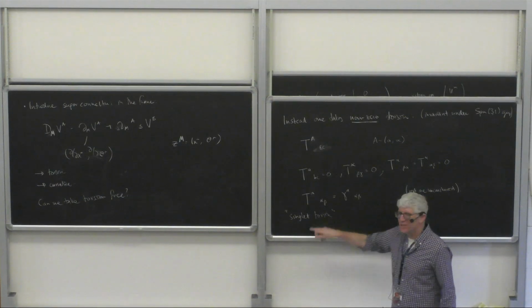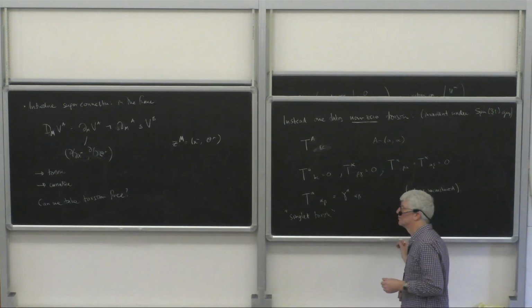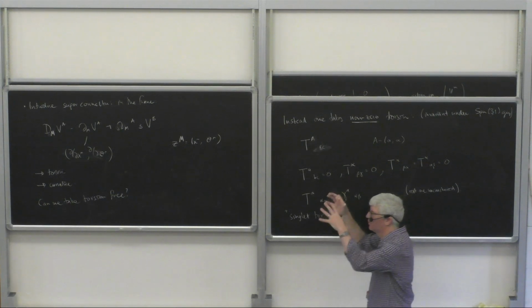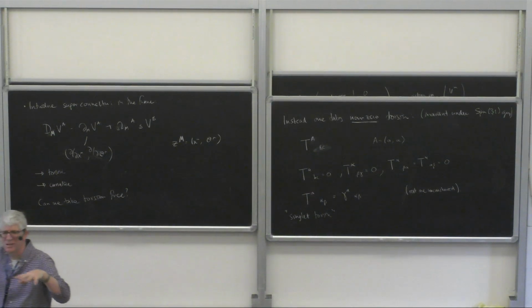So this idea of singlet torsion happens in other geometries. You might have heard of Sasaki-Einstein manifolds, or you might not. They're particular things that appear when you have string compactifications where, instead of compactifying to flat space, you want to compactify to AdS space.